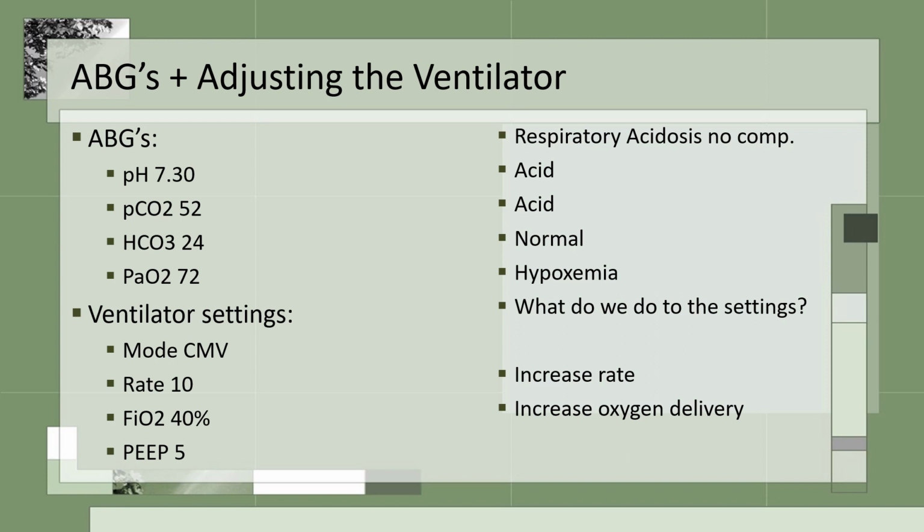So we can suggest an increase of rate. The next thing we look at is do they need more or less oxygen? The patient's PaO2 was 72. Does that fall between 80 and 100? No, it doesn't. So they're hypoxic. We don't want them to be hypoxic. So we are going to suggest an increase in oxygen.